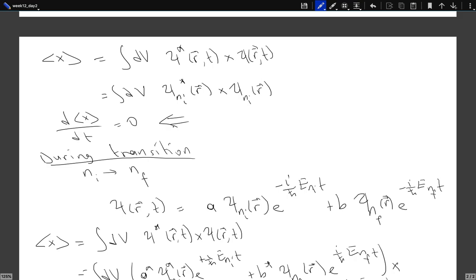It cannot emit, because for it to emit electromagnetic radiation, it should be making a transition to a lower energy state. And since there is no lower energy state when it is in the ground state, it will not emit radiation.